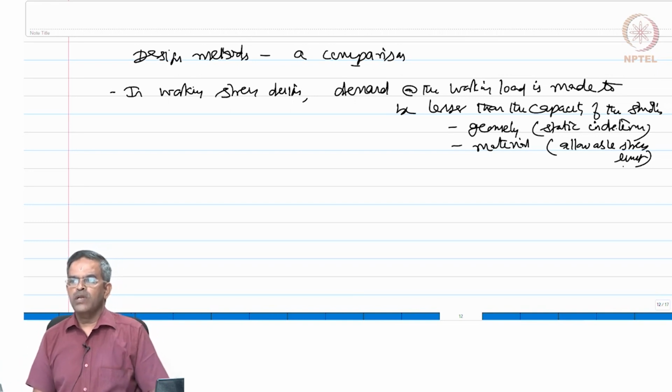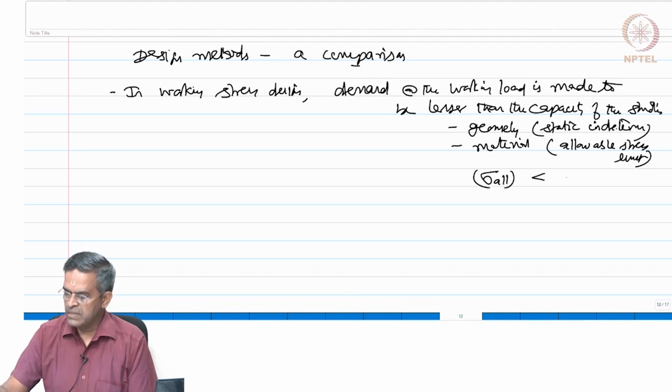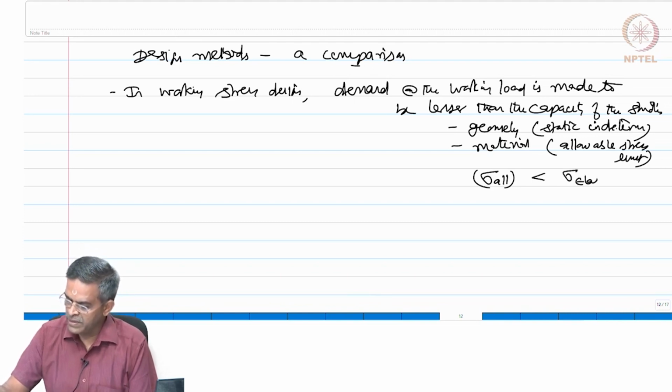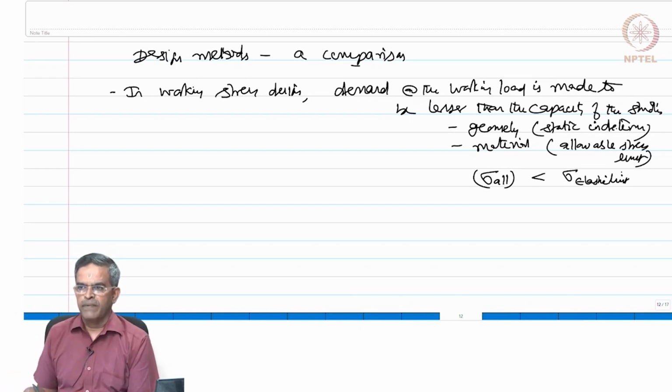Usually this value is kept within the elastic limit of the material. So, we say sigma allowable usually is lesser than the elastic limit or stress at elastic limit of the material. That is a usual practice in working stress design.